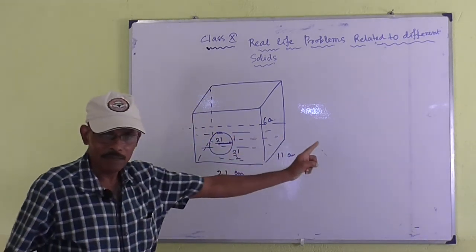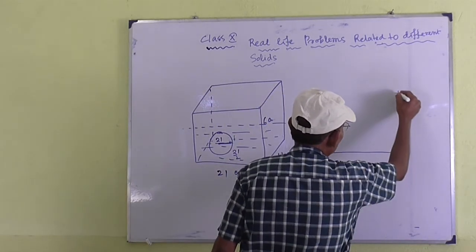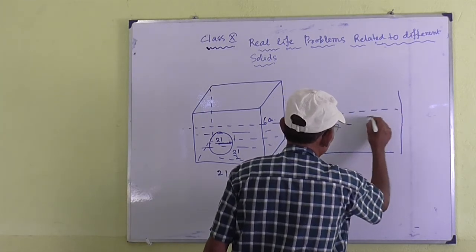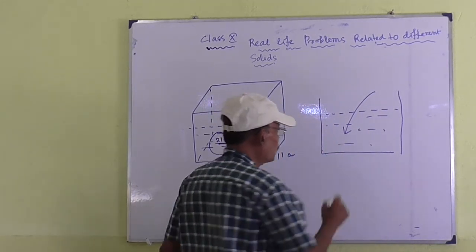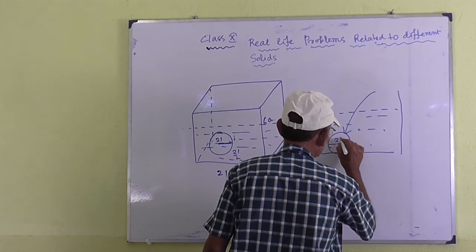I will draw a clearer picture. Here is some water, and the small balls are poured in, whose diameter is 21.